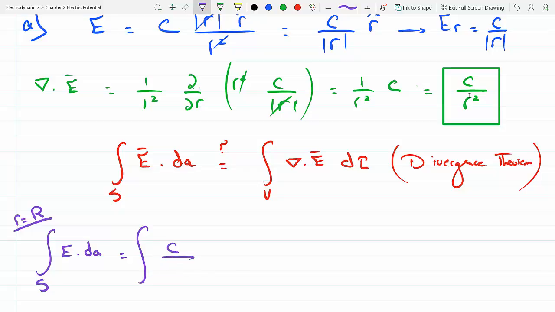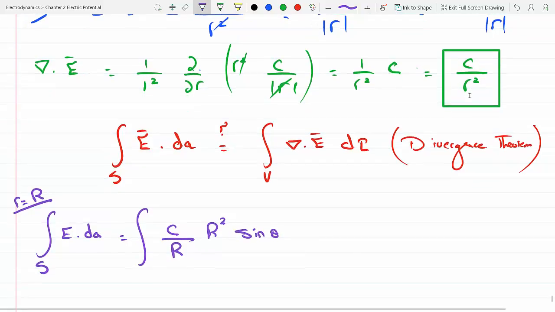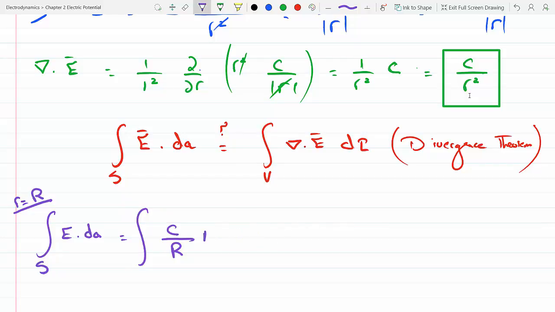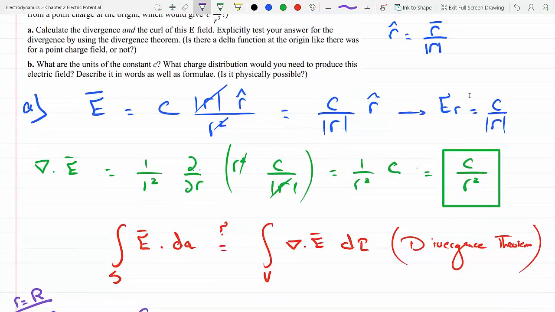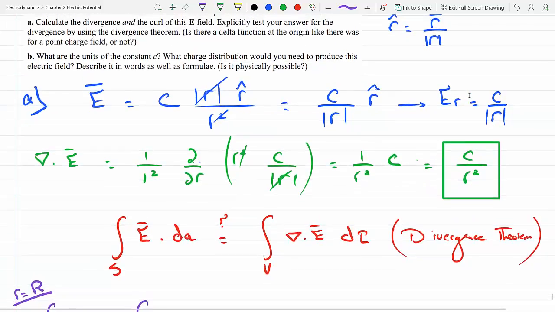And we know that dA in spherical coordinates is R squared sine theta, and R is constant, so we don't have to worry about it. Actually, let me put the vector here. So this is in the R direction, because that's what E is.